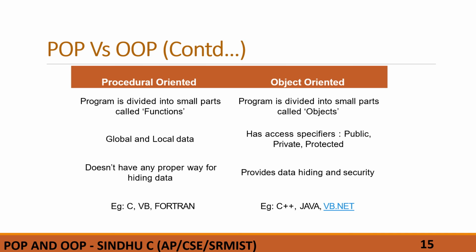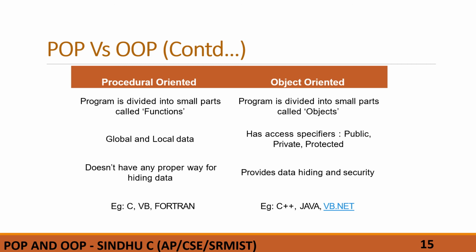In object-oriented language, we have certain access specifiers which determine the access, and they are public, private, protected, and a few more terms which can be used to restrict access. And procedure-oriented programming language doesn't have any proper way to hide data.